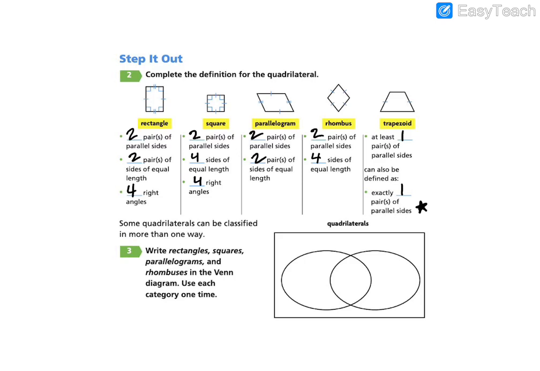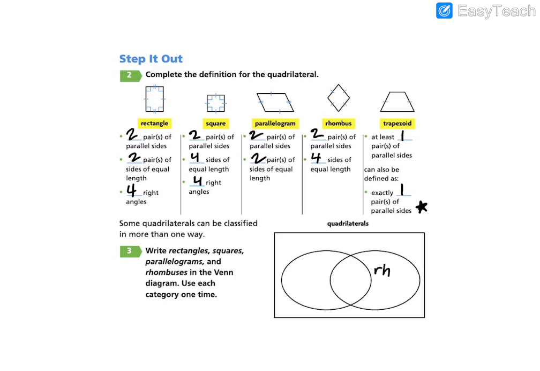All right, so number 3 tells us that we can classify quadrilaterals in more than one way. So if you think about it, we have some of these things that overlap, right? Like a square. A square has 2 pairs of parallel lines and 4 sides of equal length. A rhombus has 2 pairs of parallel sides and 4 sides of equal length. But a rhombus doesn't have right angles that overlap.